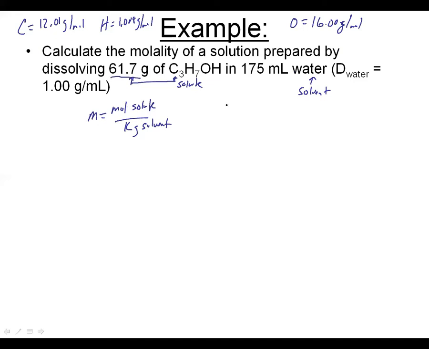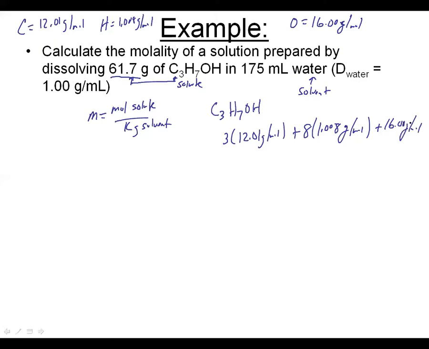So we're going to need the molar mass from the periodic table. For C₃H₄OH, that's going to be 3 times 12.01, plus 8 times 1.008 for all of the hydrogens that are there, plus a 16 for the oxygen that is there.